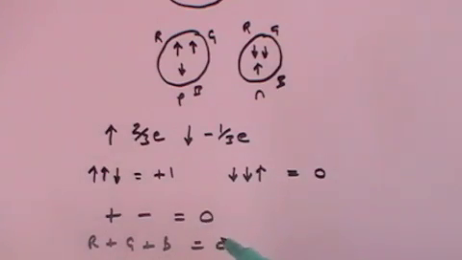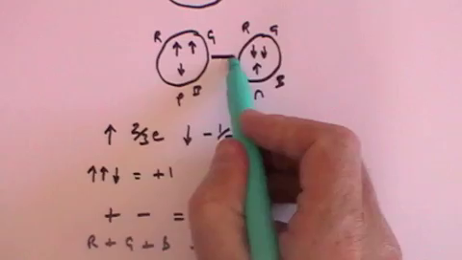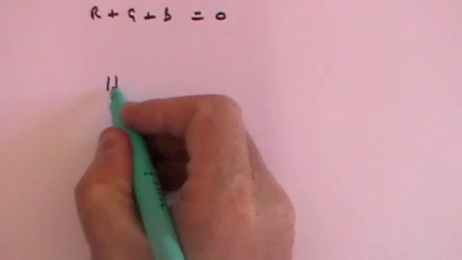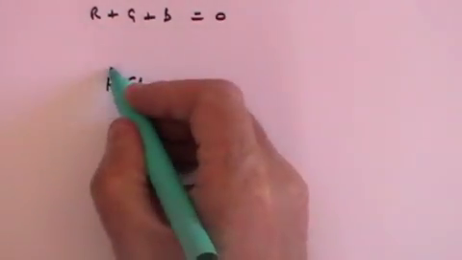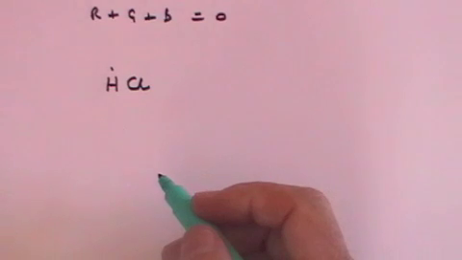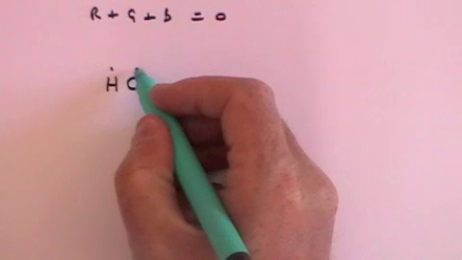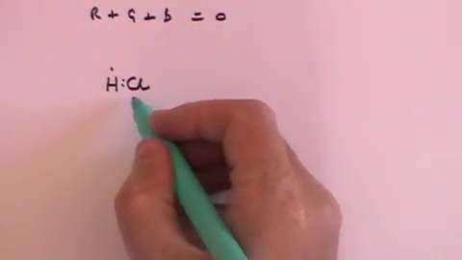What it doesn't, of course, explain is why there should be a nuclear force between nucleons. And to explain this, I want to go up to molecular level, and I want to consider the molecule hydrogen chloride. Now, the point about hydrogen chloride is that hydrogen has 1 electron, that's all it has. In its outer shell, chlorine has 7.